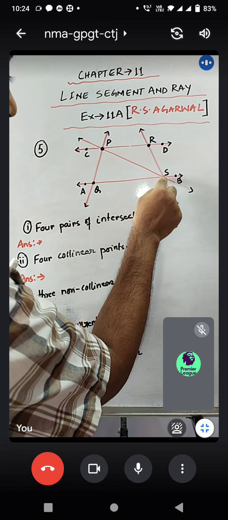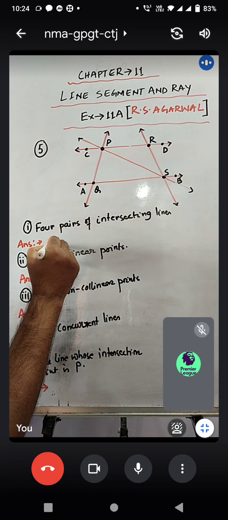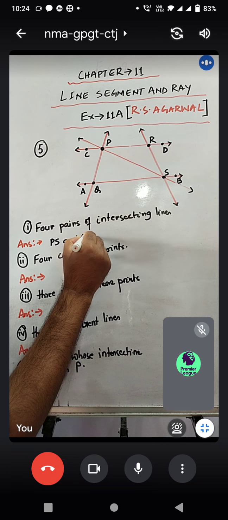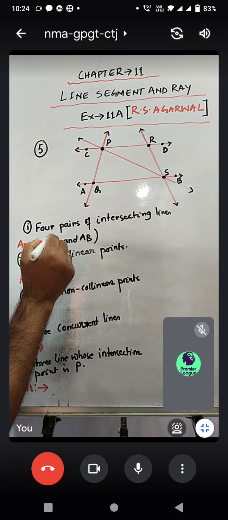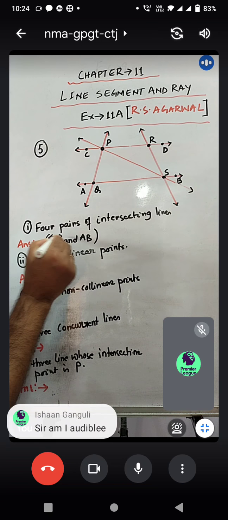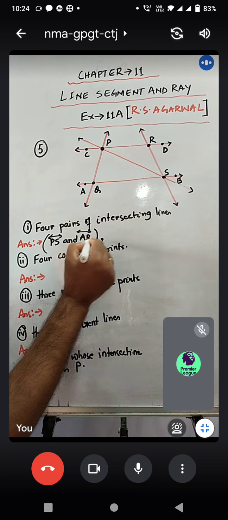They intersect at point S. So this is the first pair, PS and AB. Put it inside brackets and give a line with arrows on both sides above it, because they are lines.